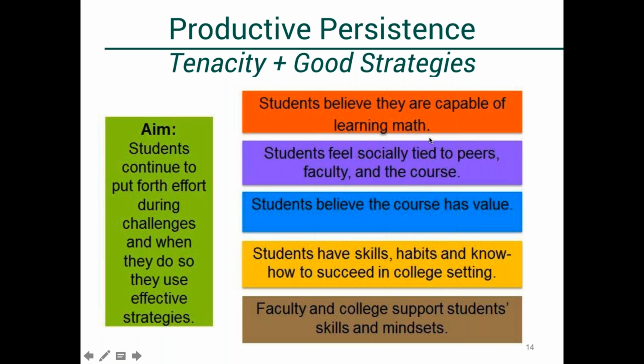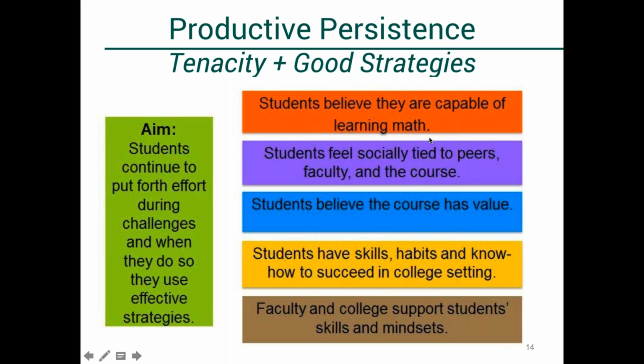The top, that students believe that they are capable of learning math, refers to the notion of growth mindset. The second, the purple, refers to the student's sense of social belonging. So we want students to feel that they are socially tied to their peers, to their instructors, and of course to the course more broadly.